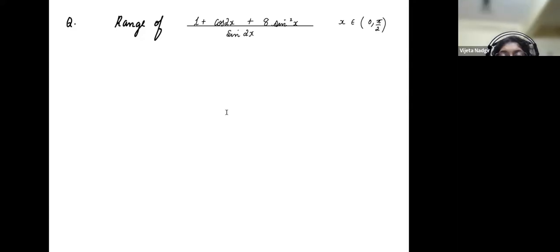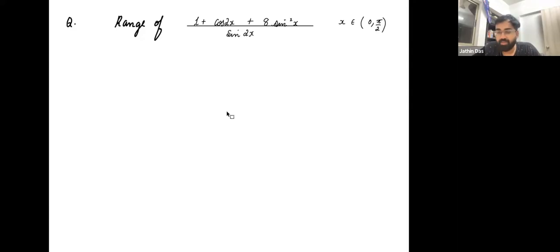Only range? Yes, so far it is only range. Okay, okay. Domain now is very easy, but we'll do that also, no problem.